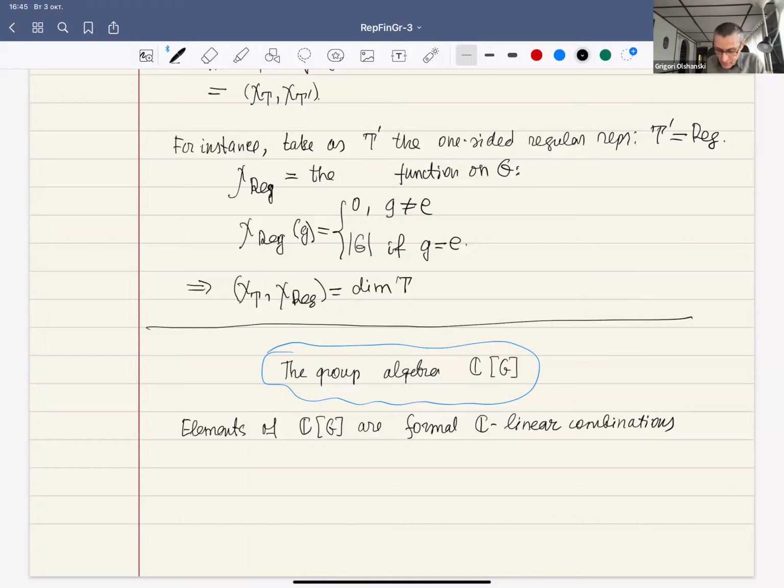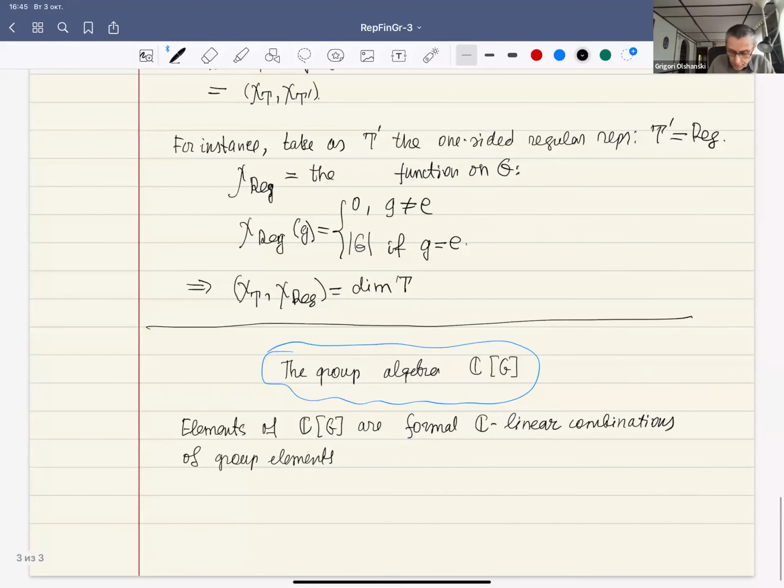Sorry. So we take formal linear combinations of the group. Write it as follows: A is a formal linear combination with some complex coefficients. These are the group elements, but let's represent them by these symbols.